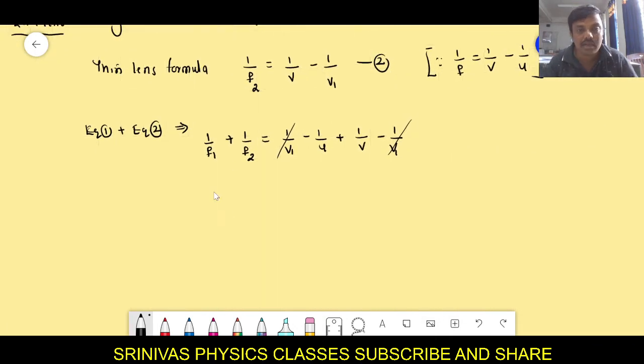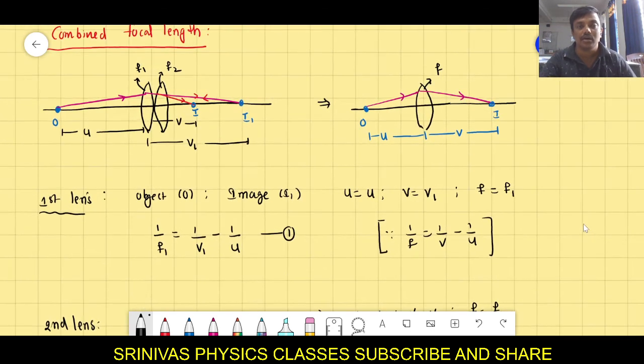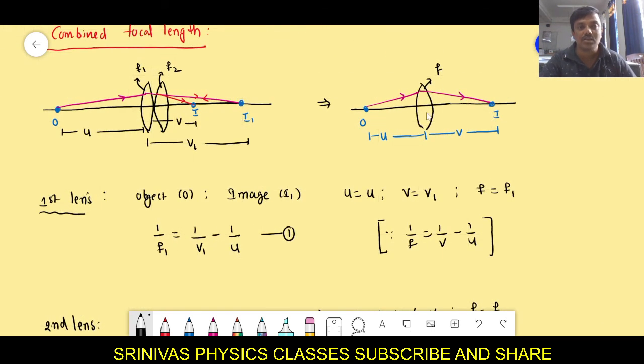Finally, we are getting one equation. What you are getting, tell me? 1 by f1 plus 1 by f2 we will get as 1 by v minus 1 by u. Right, what is 1 by v minus 1 by u? If for example you see this diagram, these two lenses will act as one lens. That one lens has the focal length f.